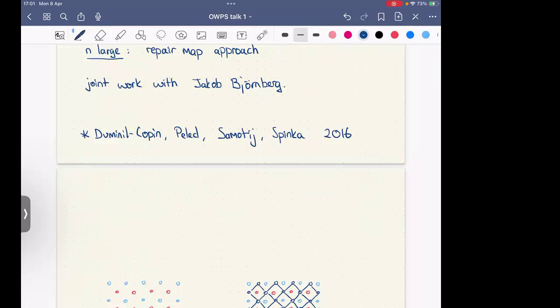As Jakob started, we start with Z2 and its dual.